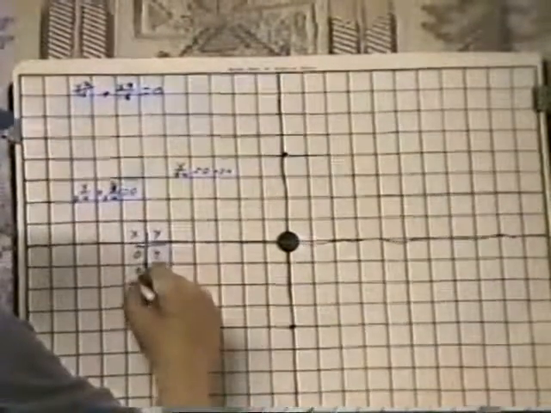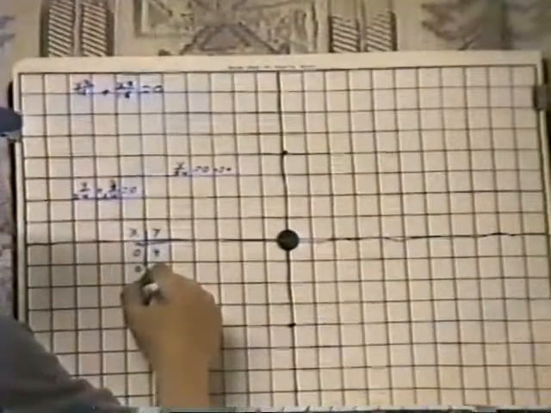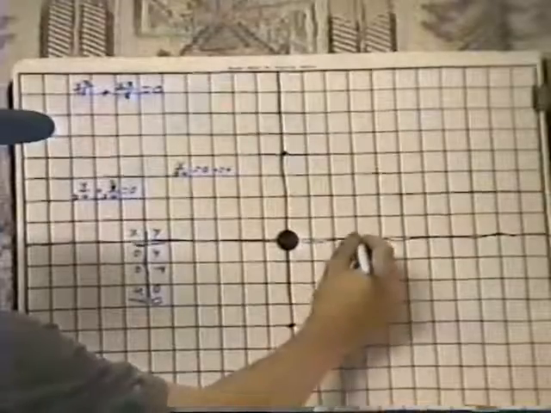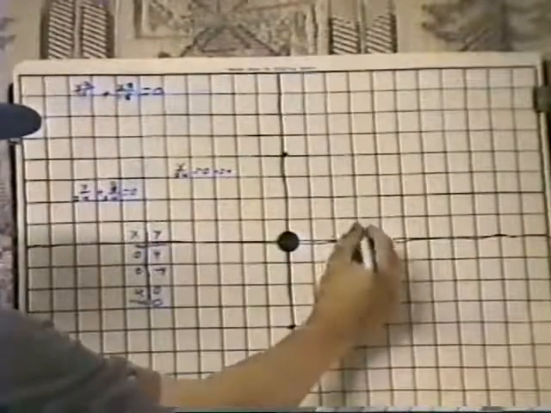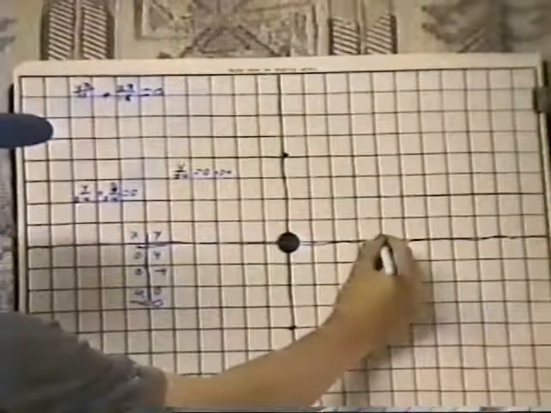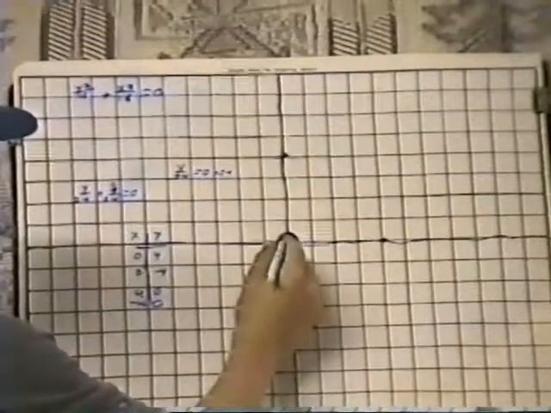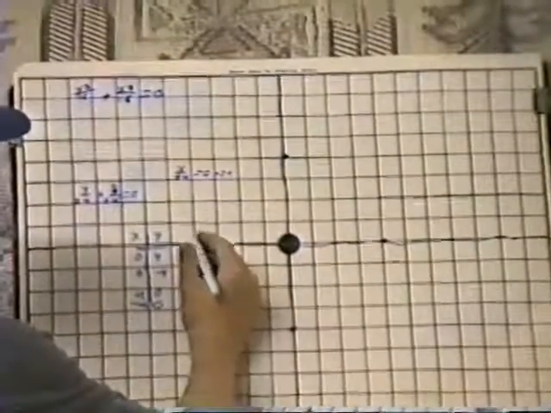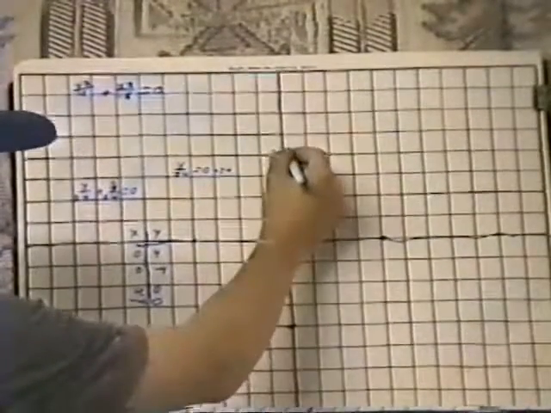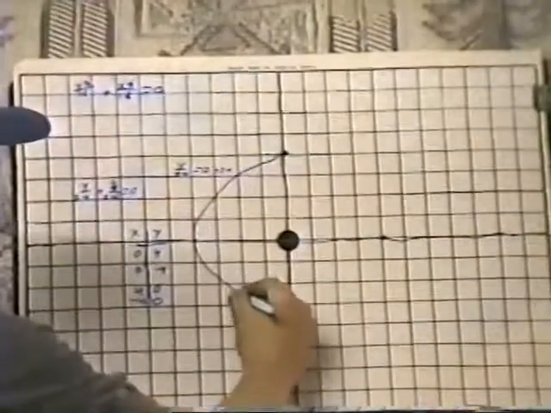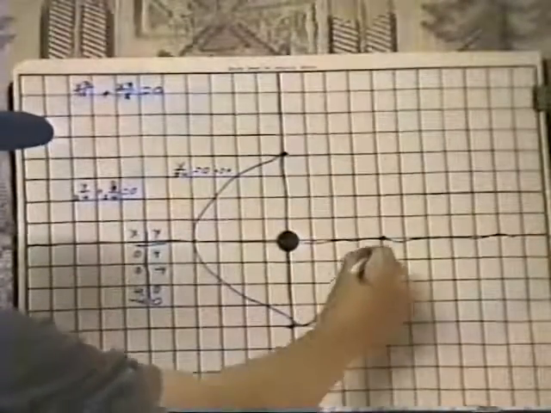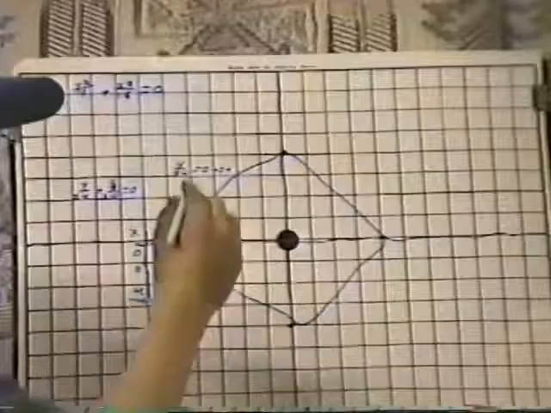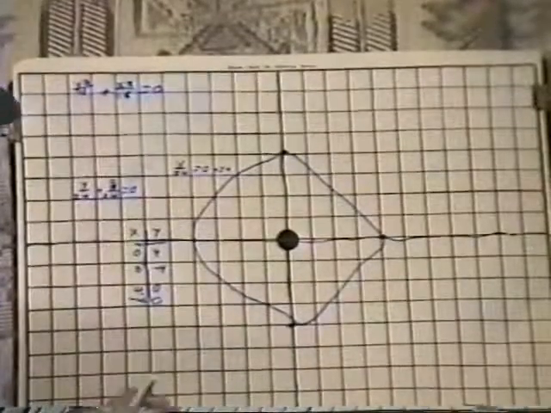And now x equals 4. 1, 2, 3, 4. And y equals 0. And the same on the other side. 1, 2, 3, 4. And y equals 0. Now you connect those. Oops, I'm not a good drawer. But that's a circle. If you plotted a whole bunch of points, you would have a circle.